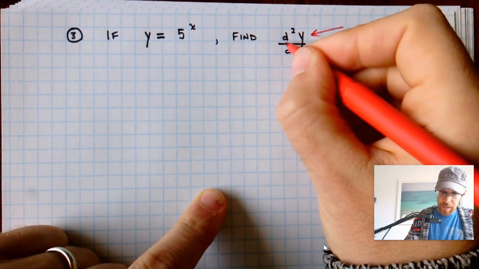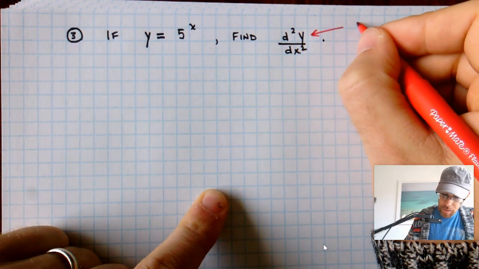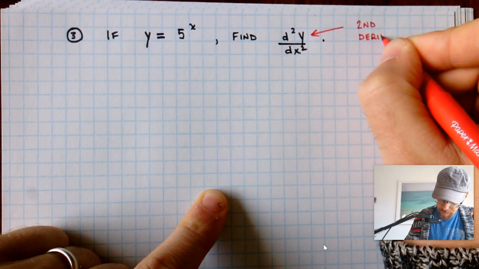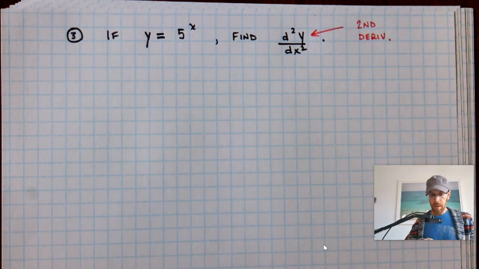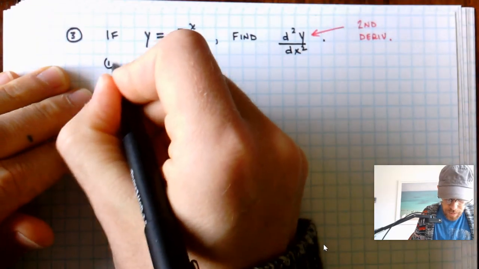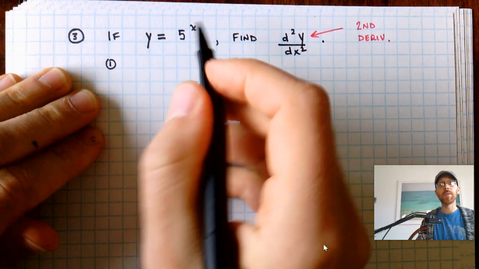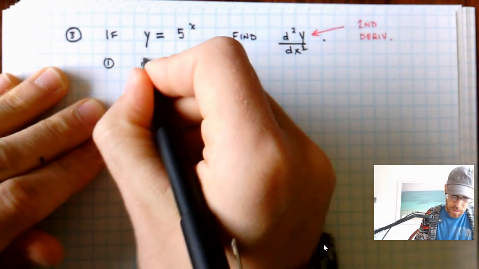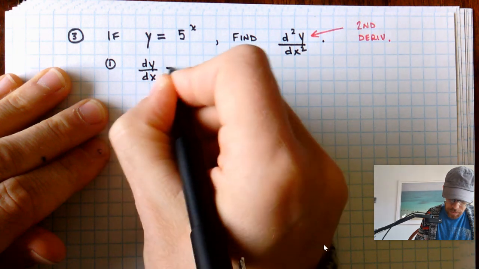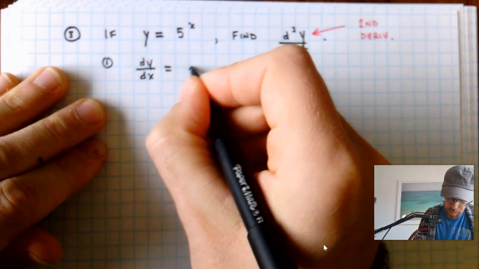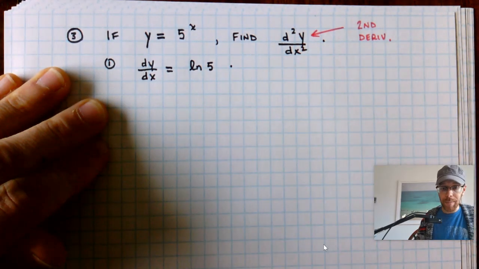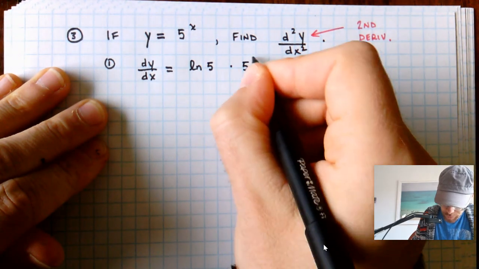Call that when you see d squared y, that means it wants the second derivative. So this is going to be a two-step problem. First step is to take the derivative of y equals 5 to the x. Was this an exponential function? You bet it is. So the result will be the natural log of the base multiplied by the original function.